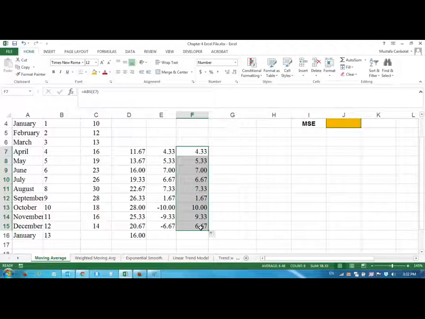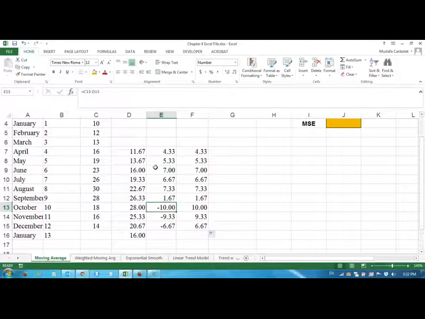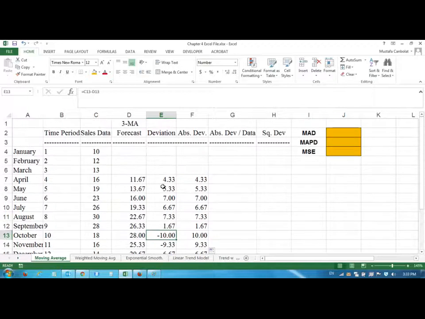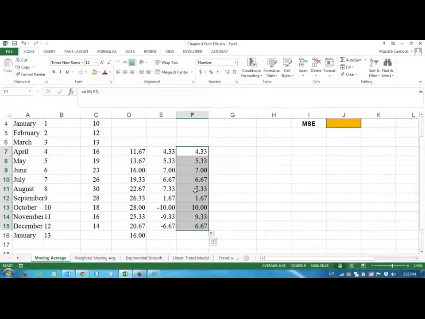The one thing we care about over or underestimation is that if we overestimate or underestimate every time, that means we have a biased method. But in this case, we are not as biased because we are sometimes overestimating and sometimes underestimating.